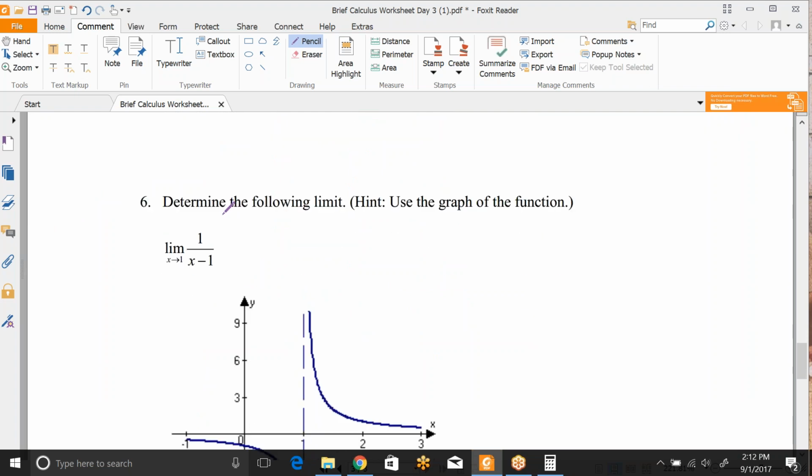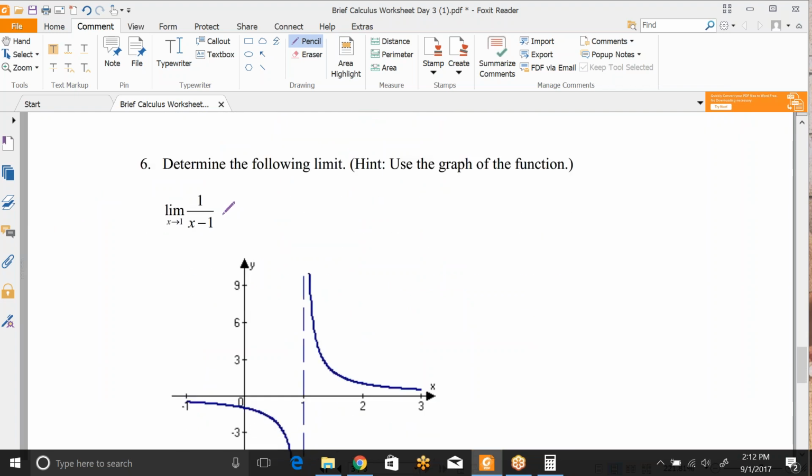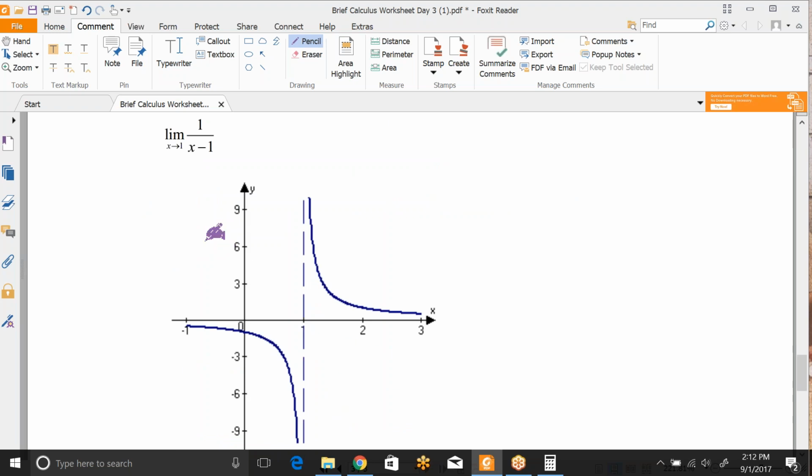Okay, so number 6 kind of ties into that. So this is a graph that's sort of similar to the one you would have had for number 4. It was 1 over x plus 4. This is 1 over x minus 1. That's a rational function, which means we have undefined values. We're undefined at positive 1, so notice there's this vertical asymptote there. The limit from the left is negative infinity, because see how this is going downhill forever.